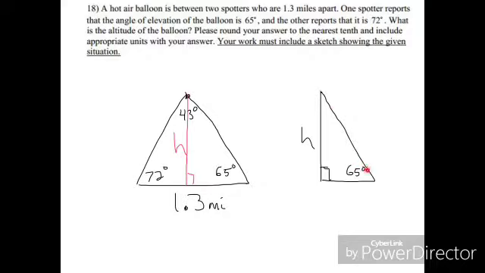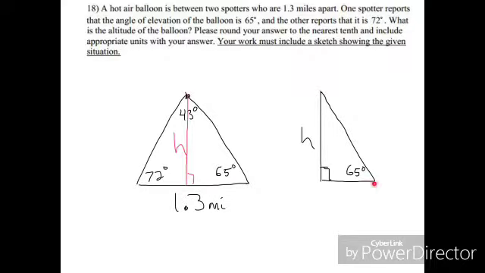This side of our right triangle is matching up with this side. And I've already talked about we can solve this whole triangle, so we can find this side, which means we'll have this side, and we can use a simple sine to find H. However, watch out. We know this is 1.3. We do not know how far this is, and that's not a part of this larger triangle, so we wouldn't be able to just easily find that.